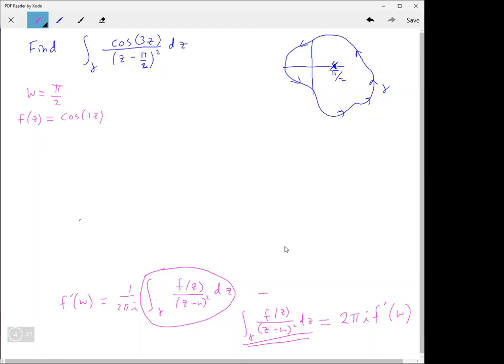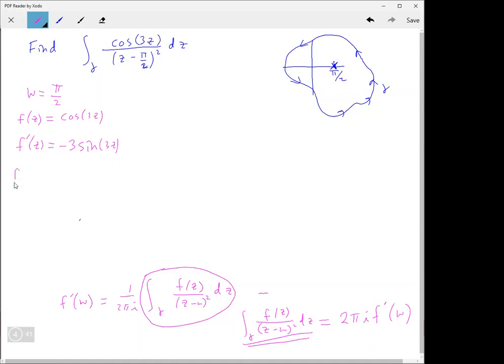Great. So our answer is 2 pi i times f prime of w. Okay, so what's f prime of z? Negative 3 sine 3z, right?